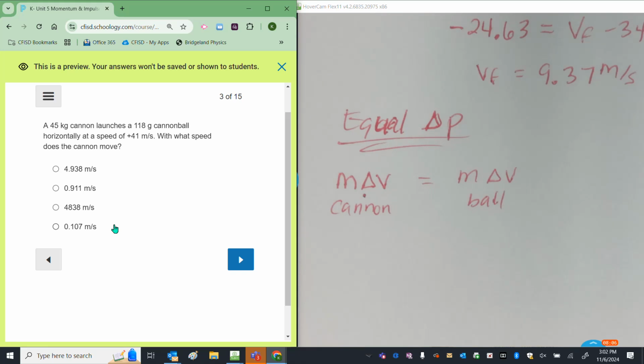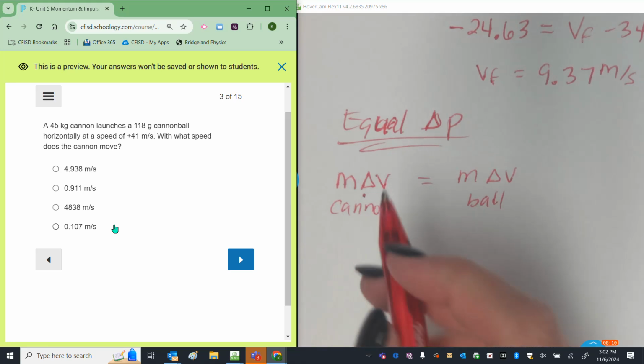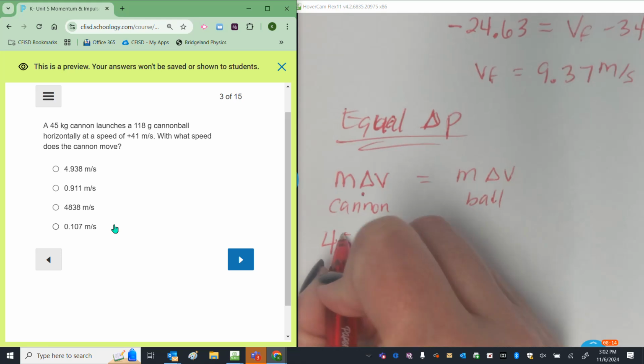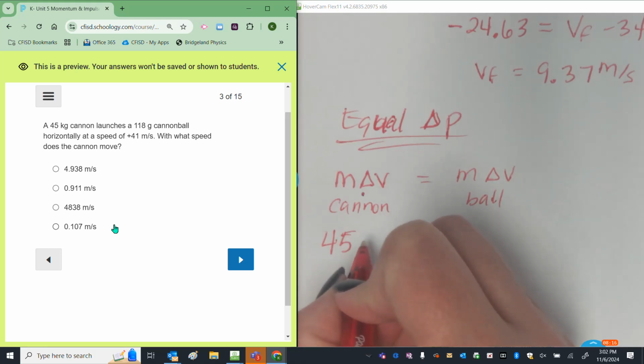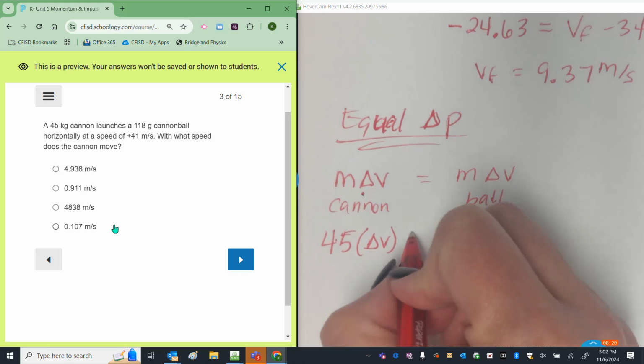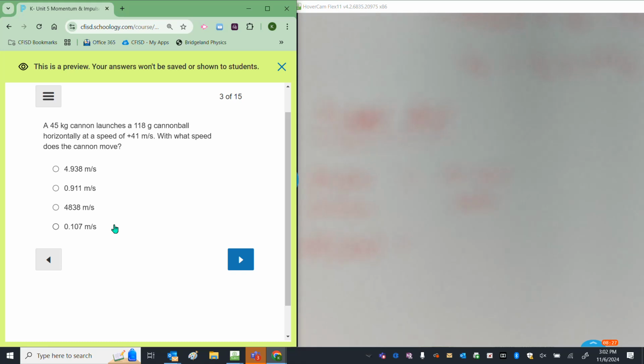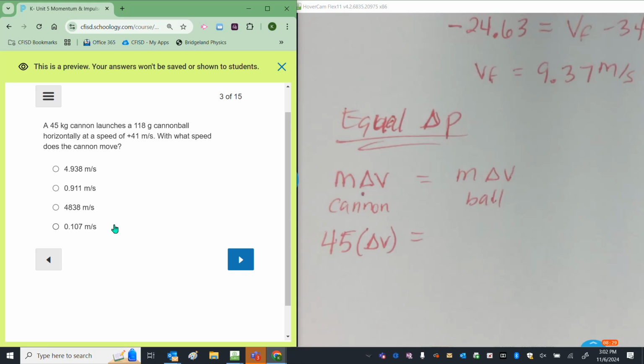Okay, and so if I look at this, my cannon is 45 kilograms. It has a change in velocity that I need to figure out. That's the one I want, is how fast the cannon moves. The cannonball has a mass of 118 grams. That is a problem because that is not the correct unit for us to be using. You cannot plug in numbers if they don't have the right unit.